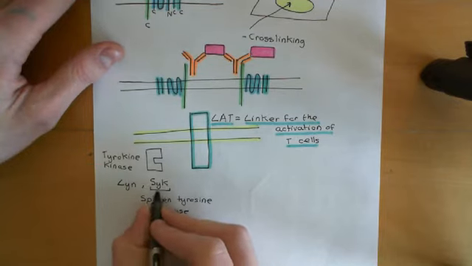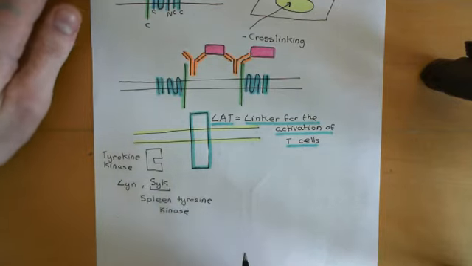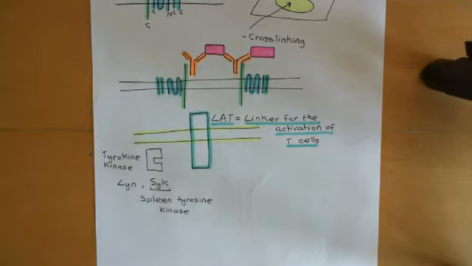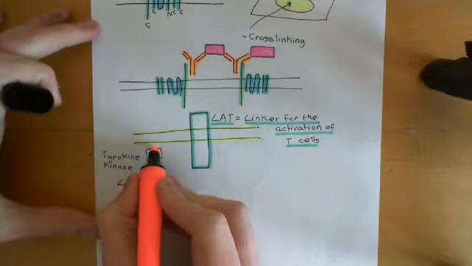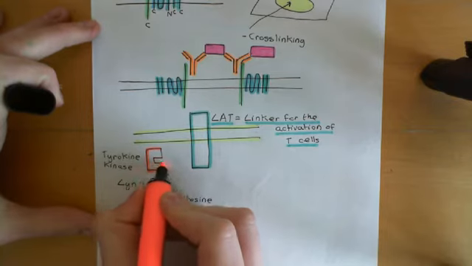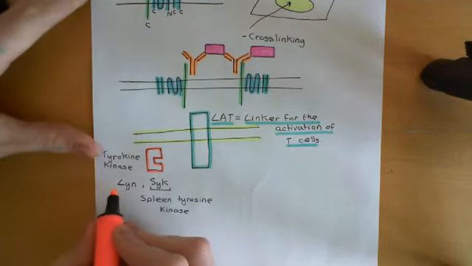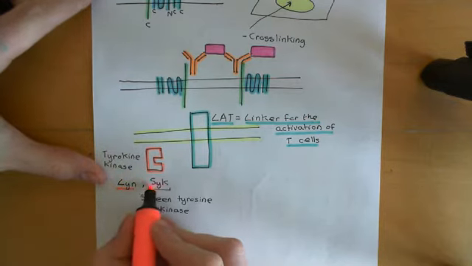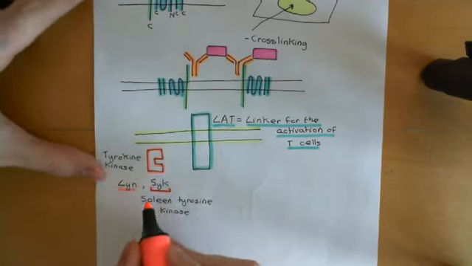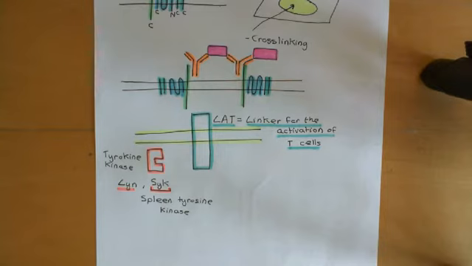So in single letter amino acid code, Y stands for tyrosine, hence why we abbreviate this down to SYK, not STK. Both of these enzymes are just free tyrosine kinase enzymes, which somehow are activated by the cross-linked Fc epsilon R1 receptors.